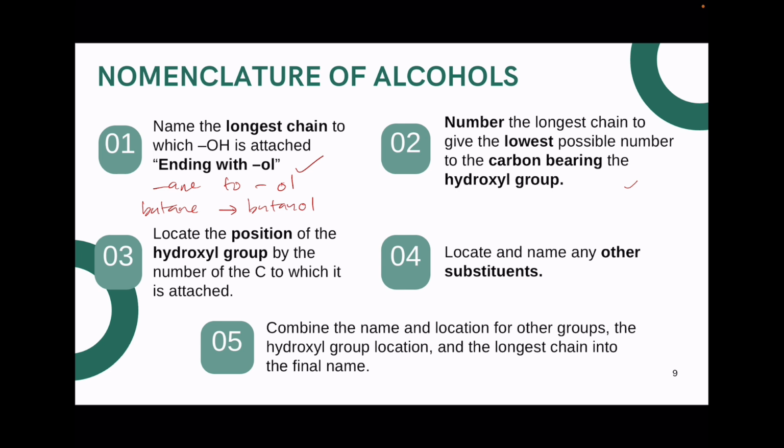The next step is you need to identify and name any substituent following the numbering that you have assigned already. Last but not least, combine everything into the final name. Remember, the hydroxyl group has priority in numbering, not the substituent group.